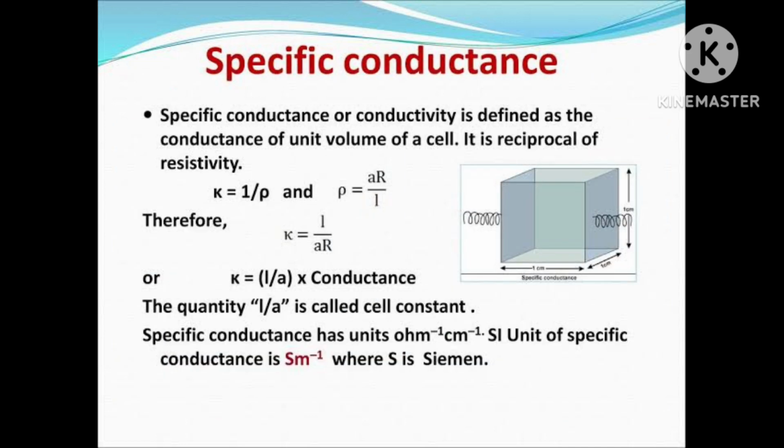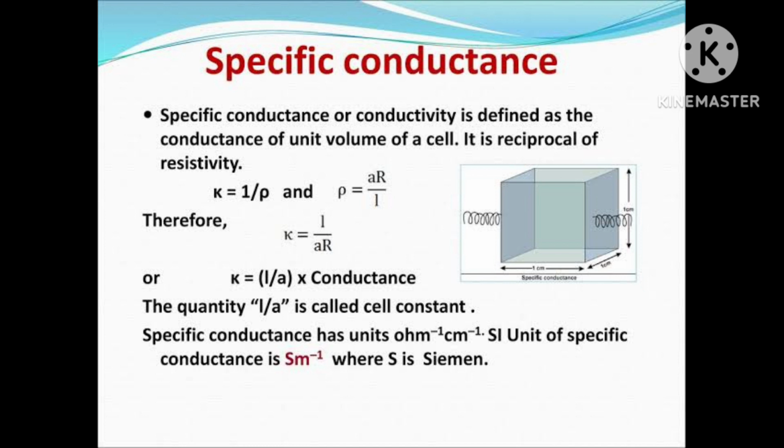Certain materials called superconductors, by definition, have zero resistivity, zero resistance, or you can say infinite conductivity. When resistance is 0, conductivity will be very high.